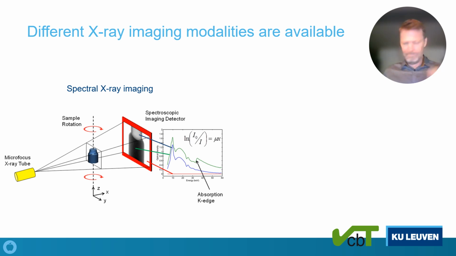In that case, the imaging system is quite the same as conventional X-ray imaging, only the detector is being replaced by a detector that is capable of capturing the photons in the different energy classes so that you can have information or different images for different wavelengths in the X-ray spectrum that you are using. That way it becomes easier to distinguish features that are being determined by, for instance, elementary composition.